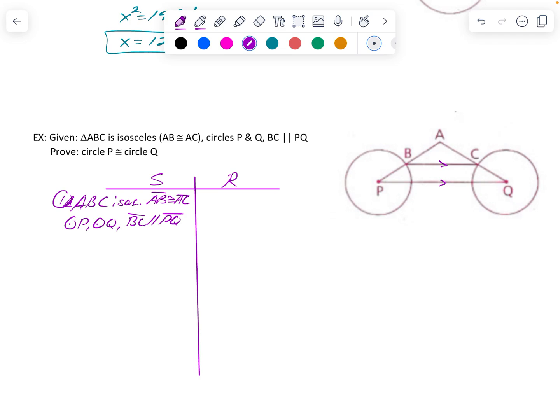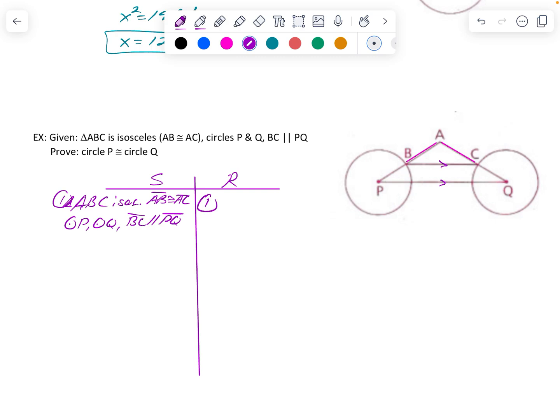We have AB congruent to AC there. Okay, there we go. And we want to prove that circle P is congruent to circle Q. So remember, we defined two circles are congruent if they have the same radius, right?